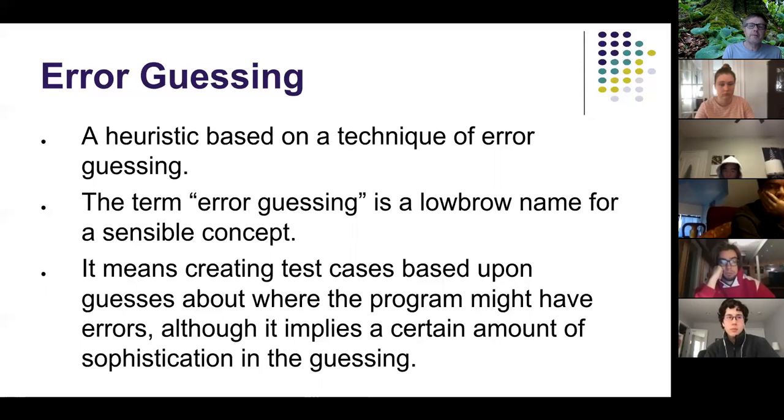Another thing we want to be able to do is sensibly test inputs. This is called error guessing, okay? It means creating test cases based on guesses about where the program might have errors. A lot of this comes from experience. You might say, this is the kind of thing that often causes problems, so let's try these sorts of things.